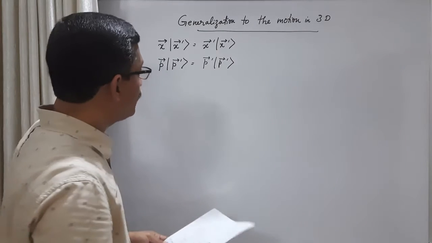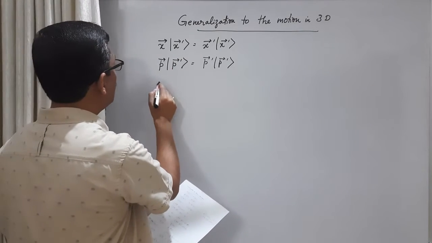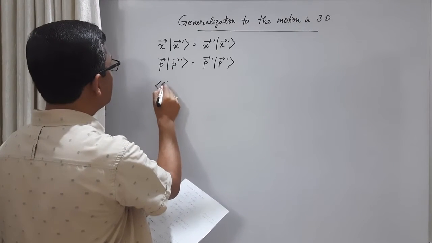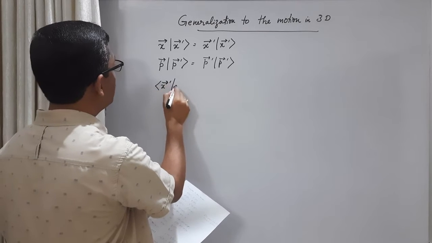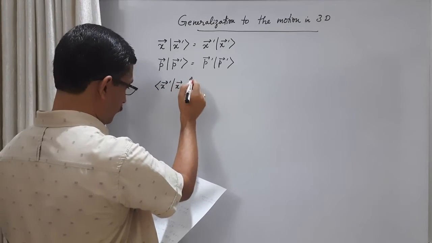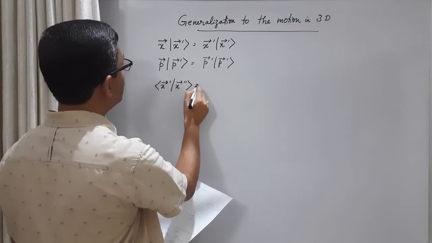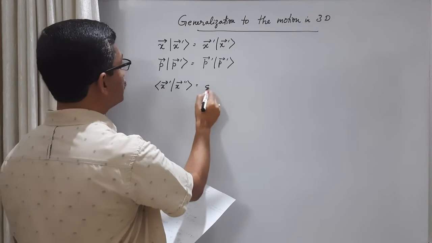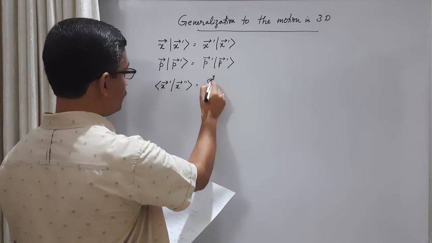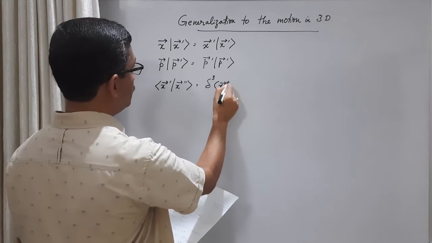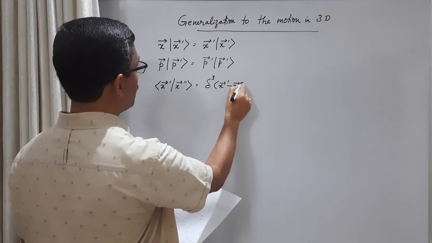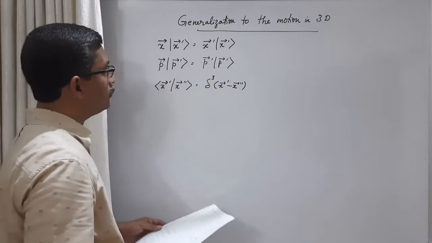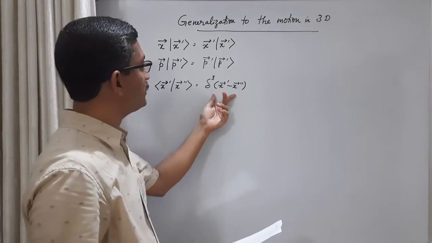So what is the orthonormality condition? This bra x prime, ket x double prime equals a three-dimensional delta function. We use this symbol for that, delta cube x prime minus x double prime.